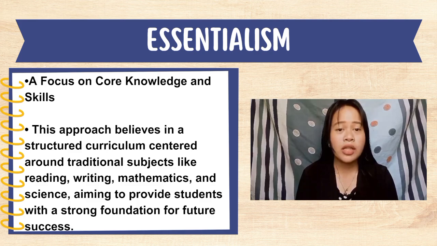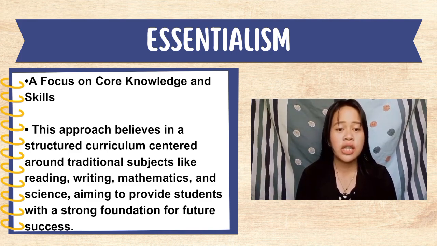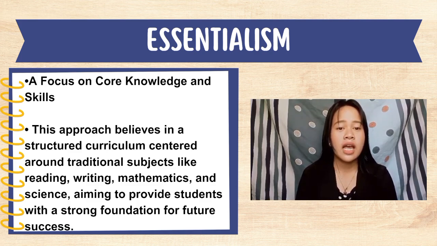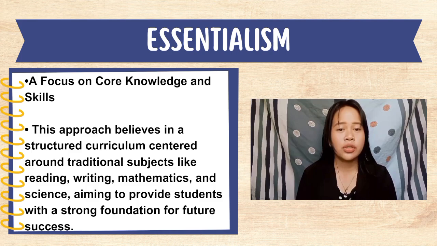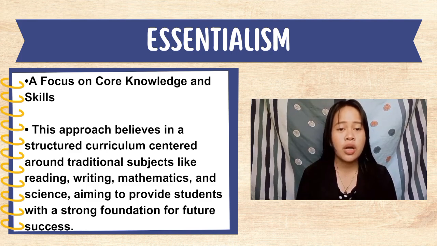For example, a traditional classroom where a teacher delivers structured lessons on subjects like mathematics, science, literature, and history. The teachers follow a fixed curriculum, ensuring that students master foundational knowledge through lectures, drills, and assessment. For instance, in a math class, students might repeatedly practice solving algebraic equations to develop strong problem-solving skills.